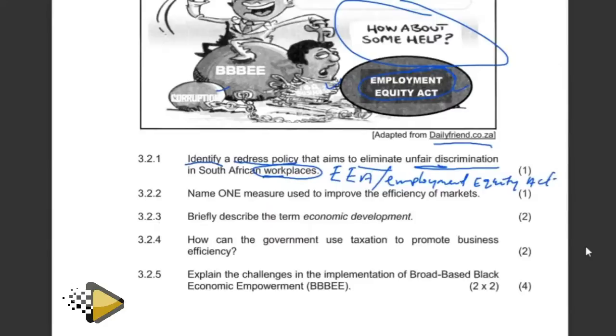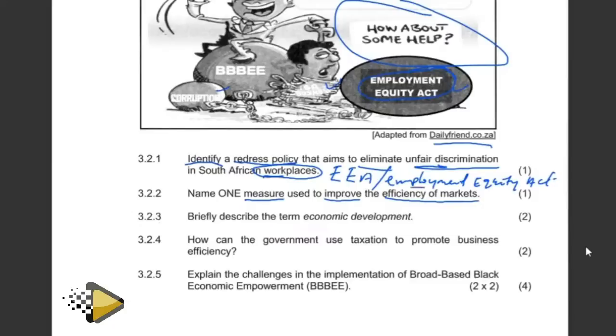Name one measure used to promote the efficiency of the market. So now, grade 12, what do we mean by the efficiency of the market? And then as well, we have to check the measure that we can put into account, as well as how to enhance or improve the efficiency of the market. What do we mean by the word efficiency?